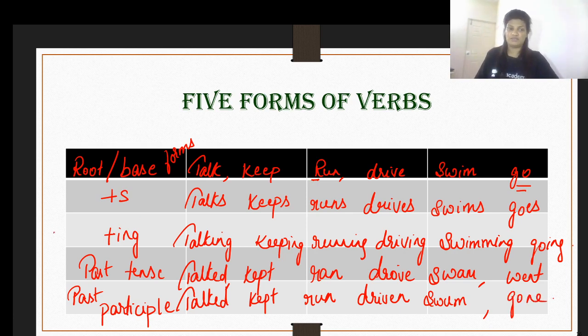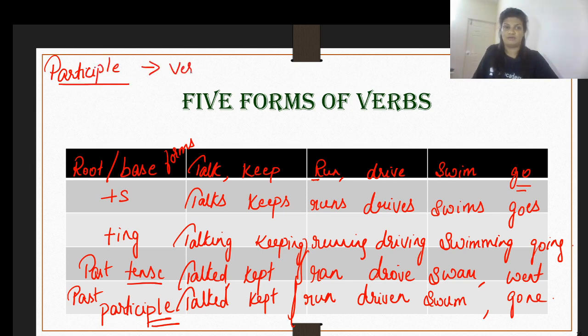Now the next question that you should be asking is, how are these verbs different from these? Now here, if you take a look at these two forms, the past tense and the past participle. Well, before I proceed, what is a participle? Participle is nothing but a verb functioning like an adjective.